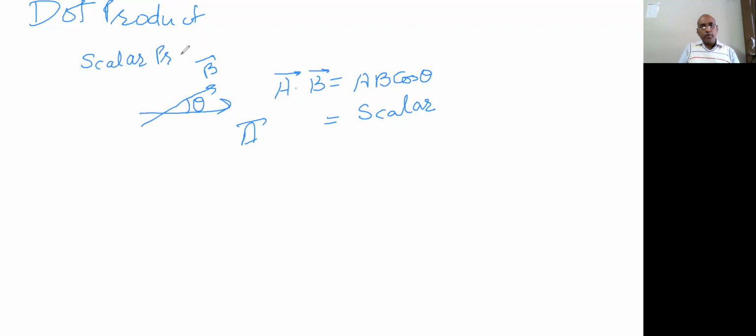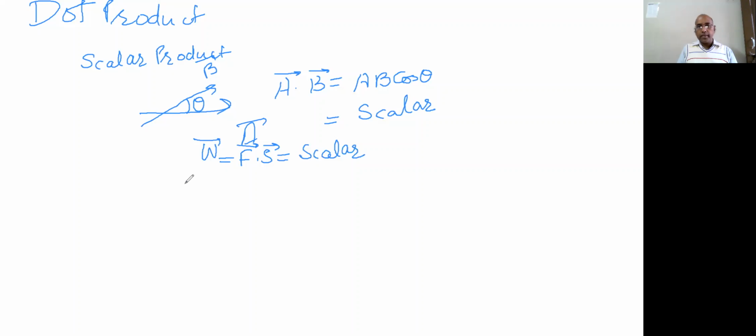The beauty of this is that now there is no need to tell me every time whether a quantity is a scalar or a vector. For example, work is the dot product of force and displacement. As it is a dot product, we all know work will be a scalar quantity.